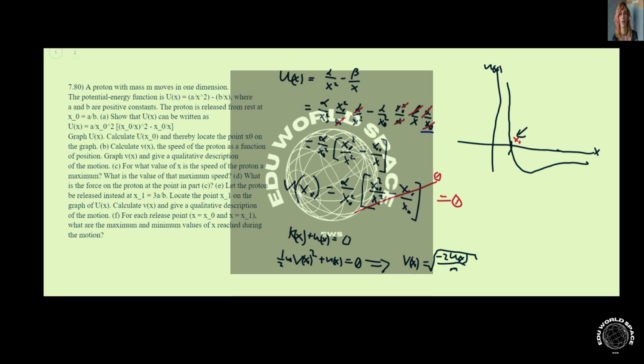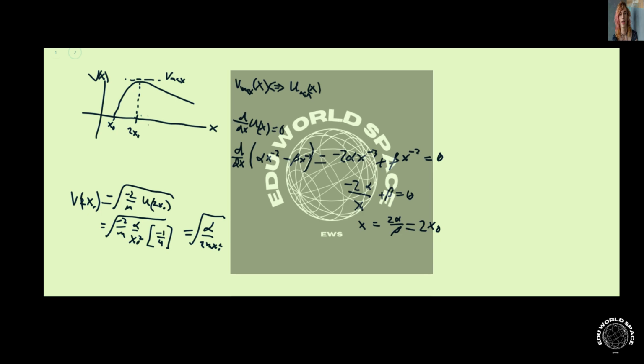Let's see what's next. What is the force on the proton at that point? At the point in part C. Okay, so let's solve that. We know that we have the equation F of x, the force at that x, is equal to -d over dx u of x.